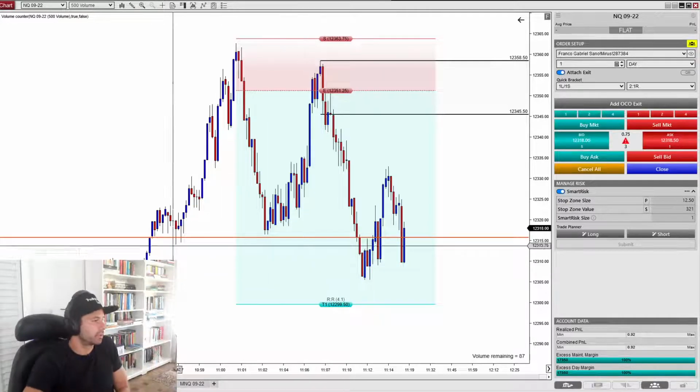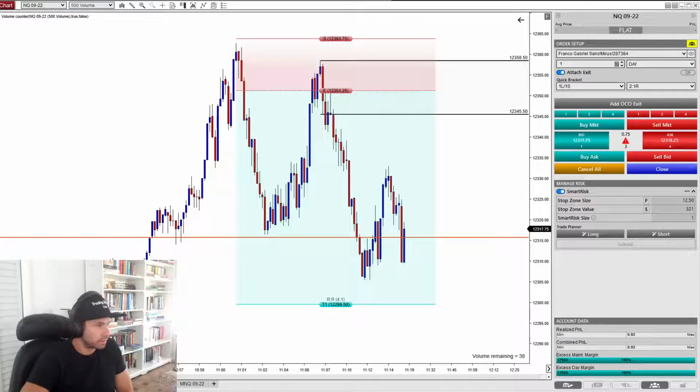We're watching a little bit of volatility here. Check on the VIX. Wow, the VIX came to the high of yesterday.